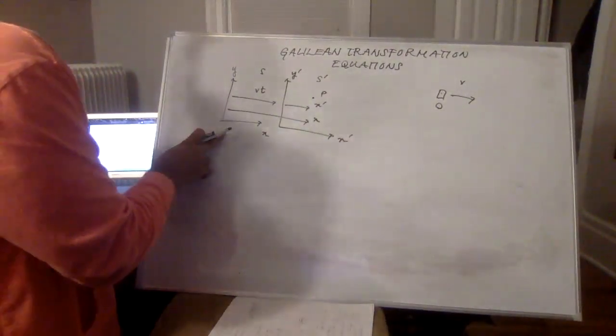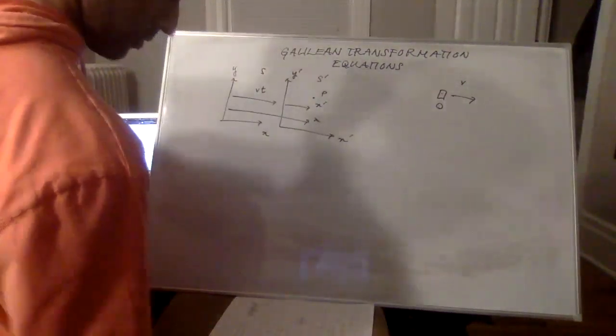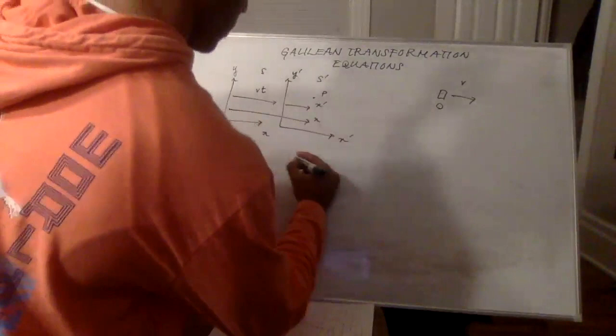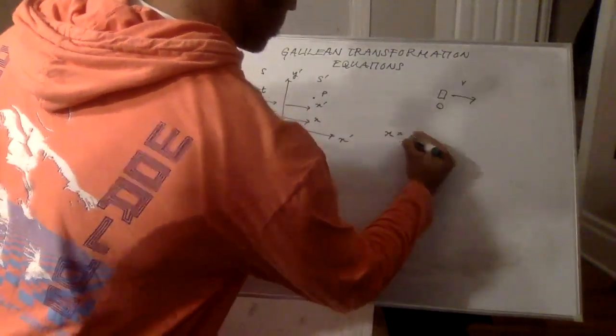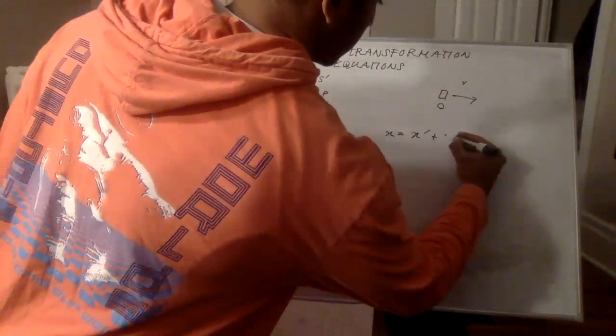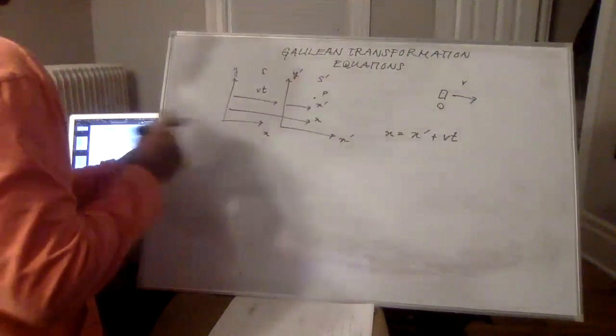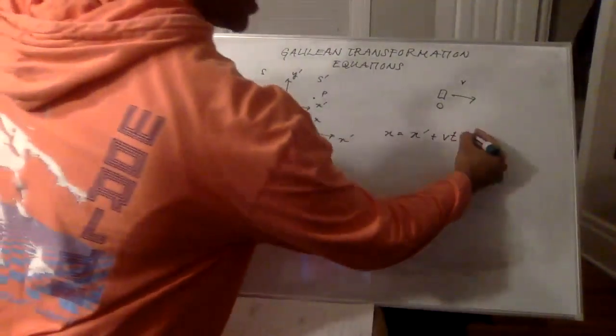So if we start looking at the variables, we have x equals x prime plus vt, and since we're looking at this reference frame, we'll call this vt prime.